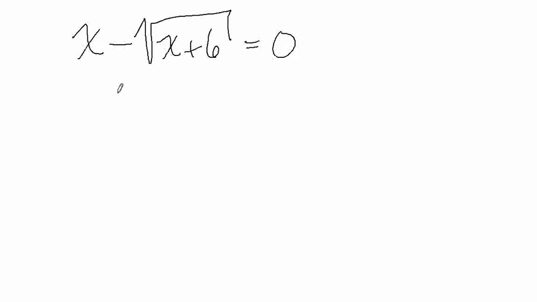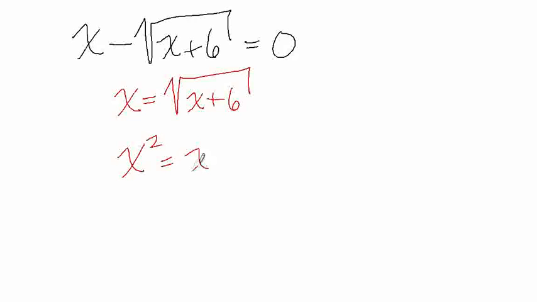All right, I'll go ahead and solve it as well. I'll move the radical to the other side first by adding the square root of x plus 6 to both sides. Now I'll square both sides of the equation, and so continuing, and then factoring.